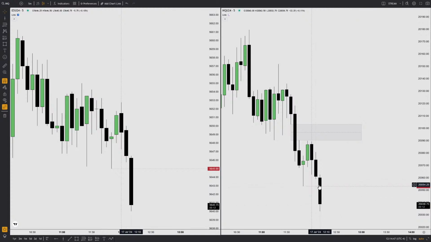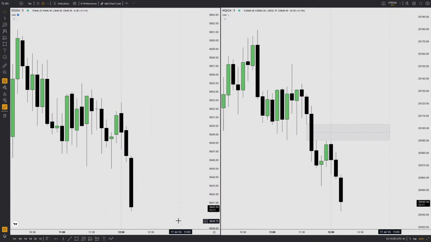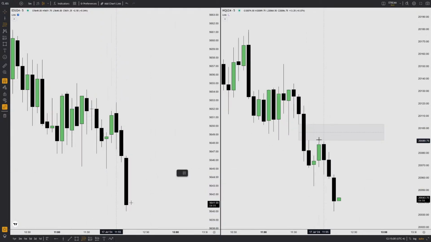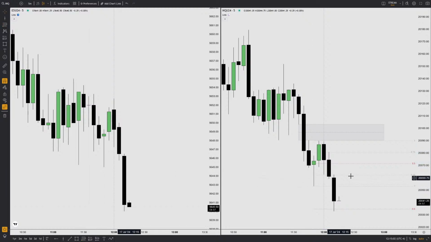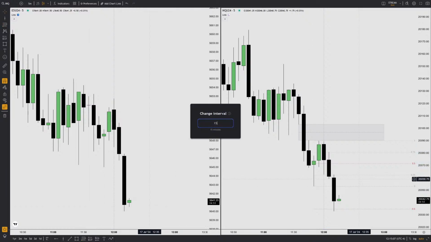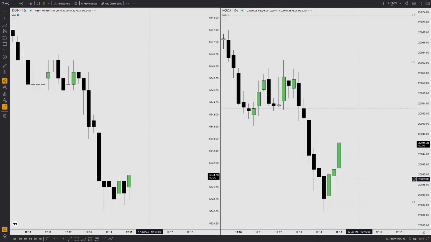Right, we're gonna watch as this candle closes below these 2 order blocks, and I'm gonna utilize these 2 order blocks as a potential short scalp. Right, let's take a look.